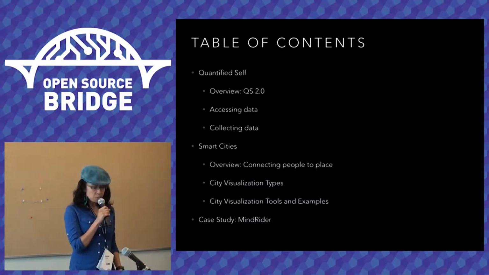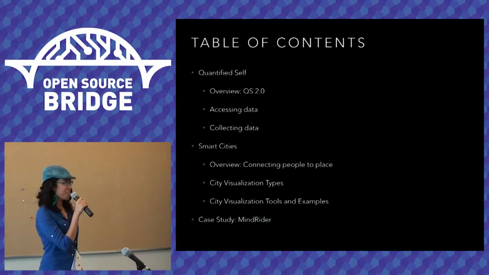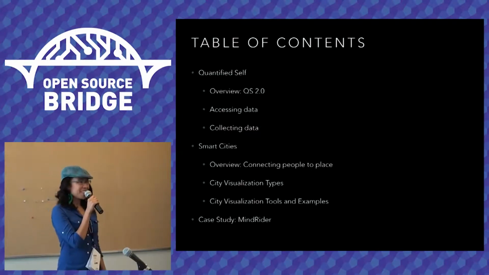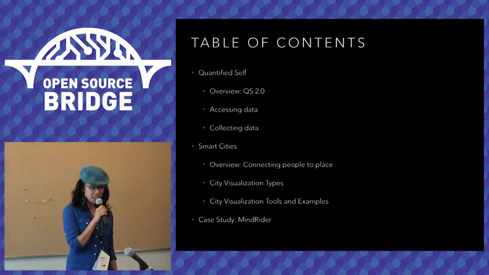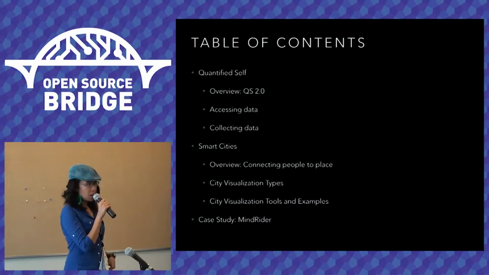Then I'll talk about smart cities and what that means to me, because both the terms quantified self and smart cities can be interpreted very broadly, so I'll give you my own definition. And then also tips and tools, with some examples from the classes that I teach.